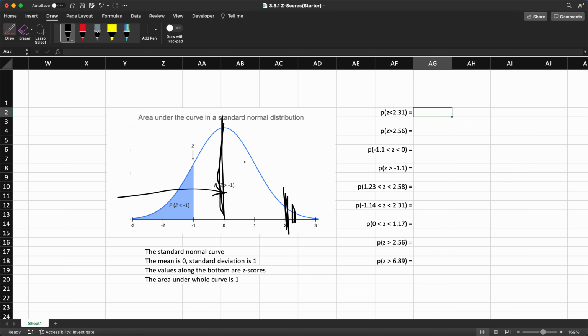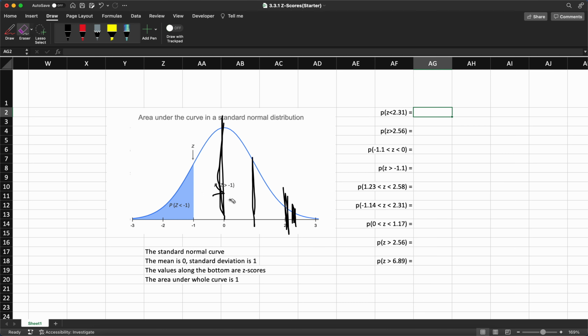Then we have another 34%. So when we're here, we're at 0.84. Then this is another 13.5%. So now we're at 0.975. So we know that this number should be a little bit bigger than 0.975.